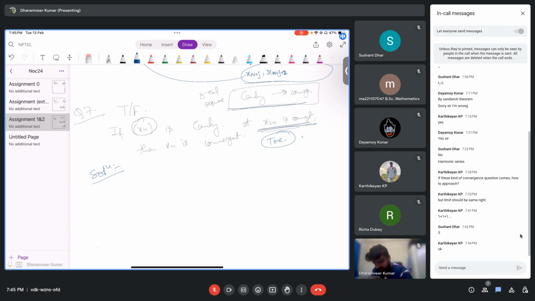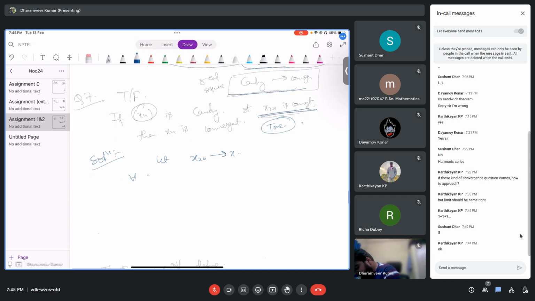Okay, but probably it's a simpler proof. Okay, so let x2n converge to x. Okay, that means for every epsilon.